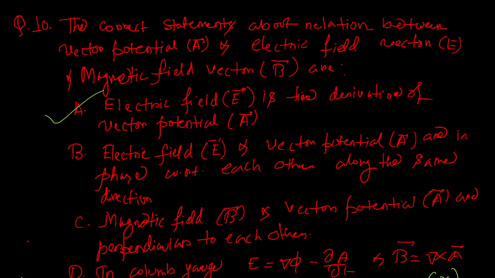So A is the vector potential. In the plane wave equation, it can be written as A0 with the unit vector of the electric field, times e to the power i(k dot r minus omega t).